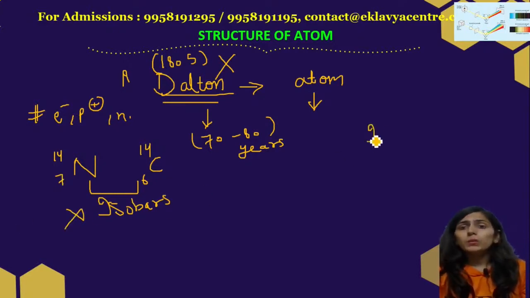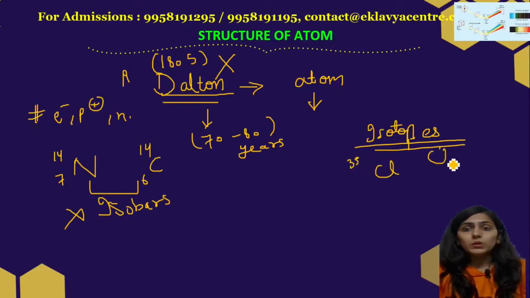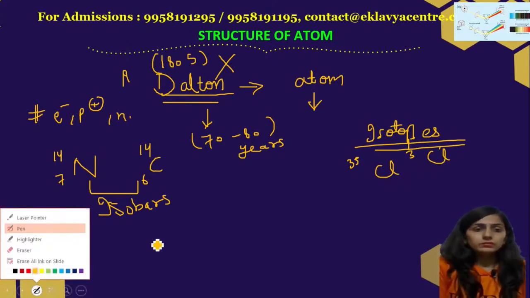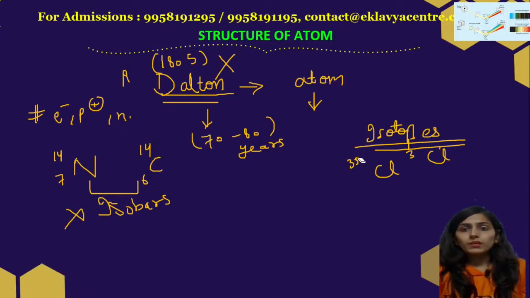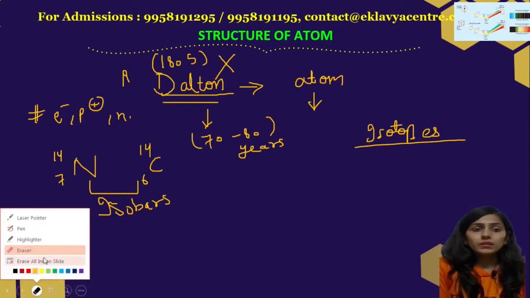And if we talk about isotopes also, his theory failed because he said that every element will have a different atomic mass. But we have chlorine 35, chlorine 37, and H1, H2, H3: hydrogen, deuterium, tritium, right?